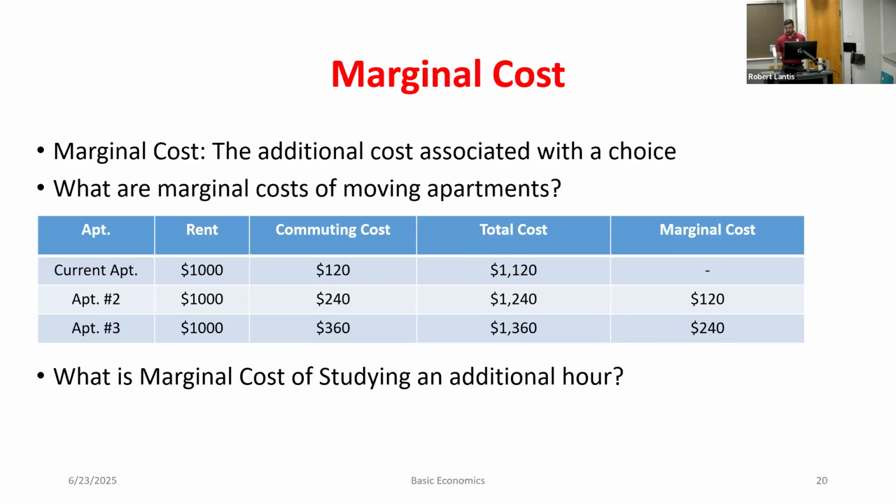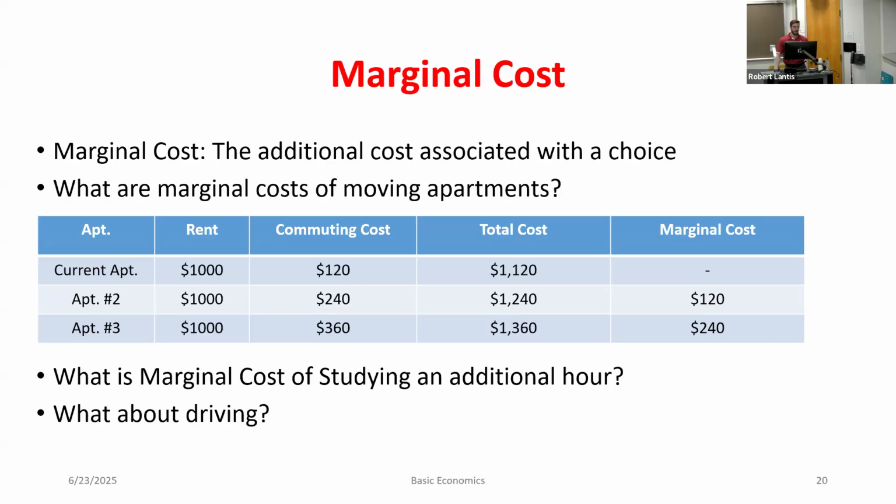So we can think about not just the idea of moving apartments, but what's the marginal cost of studying an additional hour? Well, it's however much I value my time, right? The additional cost would be, what did I give up in that hour, and how much would I have paid to have that back? What about if I'm driving?